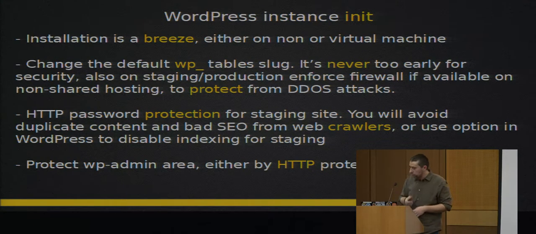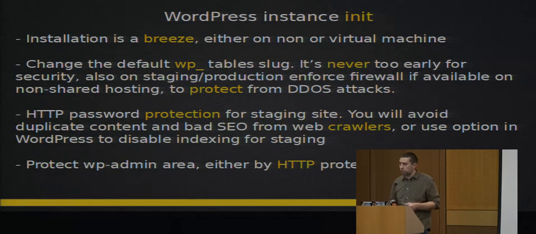And then when we are ready with our server infrastructure, of course, we install a WordPress project. Installation is a breeze. It's the famous five-minute installation, either on a virtual machine or not. And there are a couple of things you should consider immediately after installing WordPress, or while installing it.